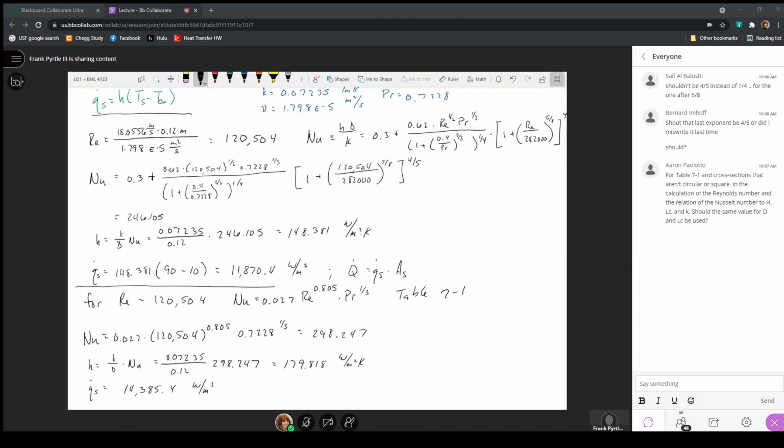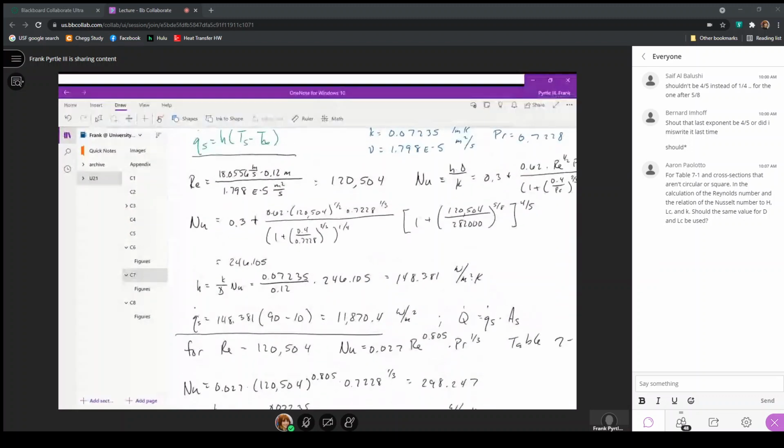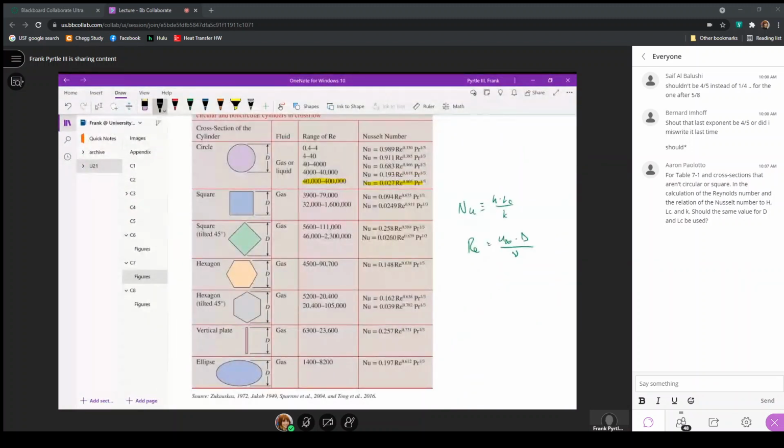And here you can see, when we go back to the table, all of these expressions for the Nusselt number are based on Reynolds number and Prandtl number. But here in the leftmost column is the consideration first of, well, what is the configuration? Because the way that the fluid moves around each one of these cylinders is different, and thus it gives you a different heat transfer coefficient due to the way that the fluid interacts with the surface as it moves around.